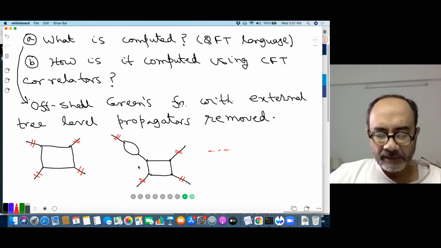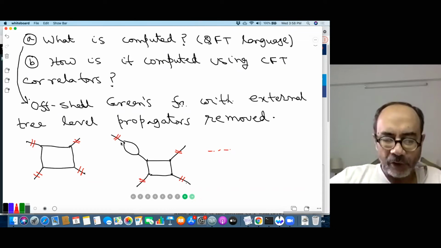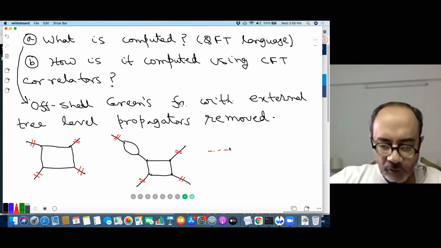But given this, suppose we know how to compute this, then we can construct the full Green's functions, because of course the tree-level propagators we know what they are. Right? So you can always multiply what we compute by these 1 over k square plus m square factors. Okay. So this can be used to get the full Green's function.